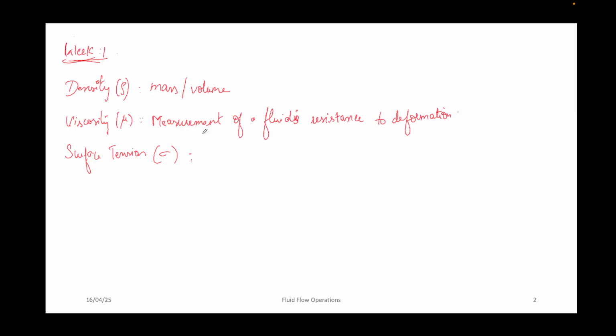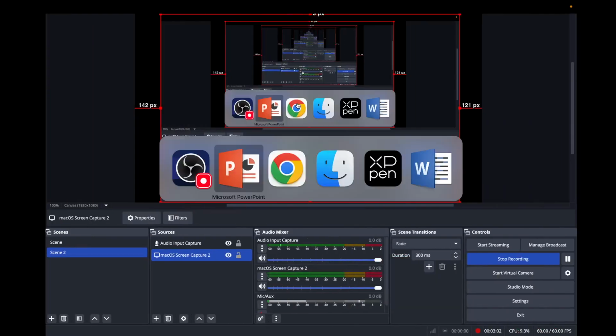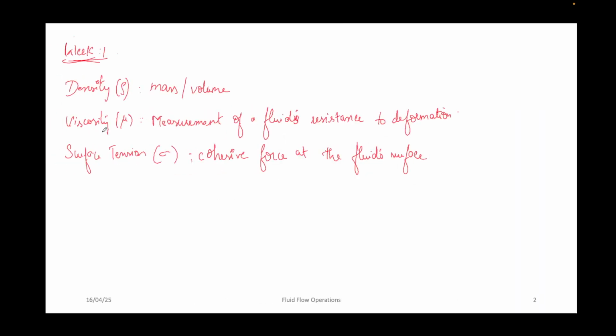Let's put all these definitions in a simpler way. Surface tension is the cohesive force at the fluid surface, right? And then we have compressibility.